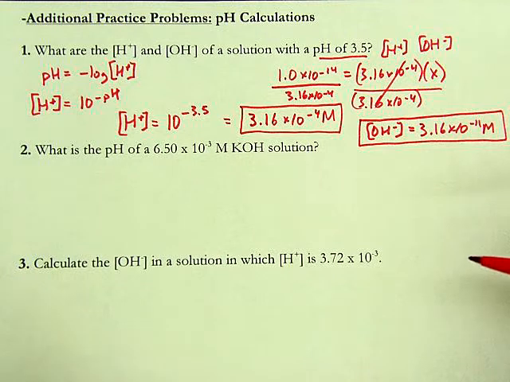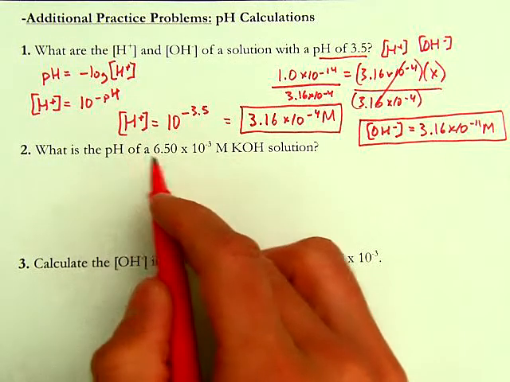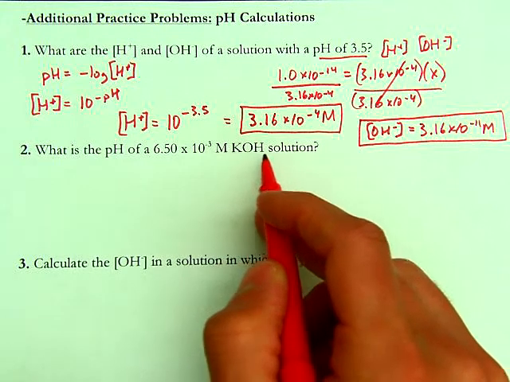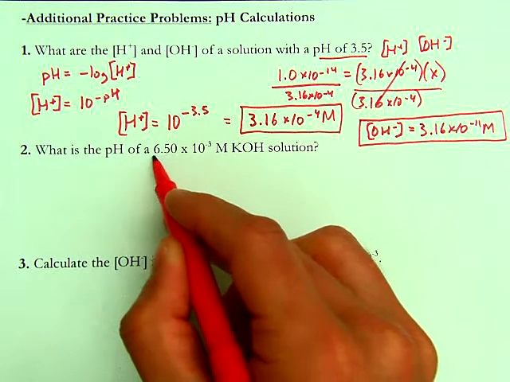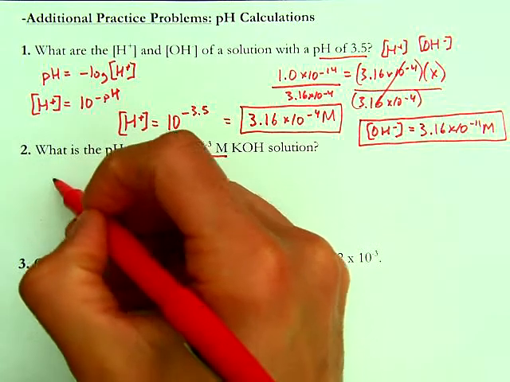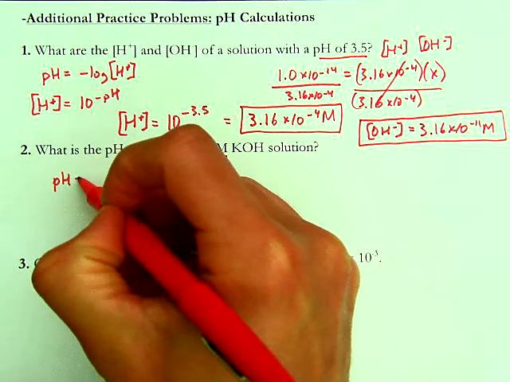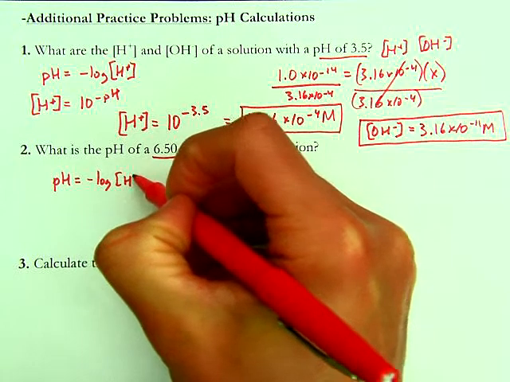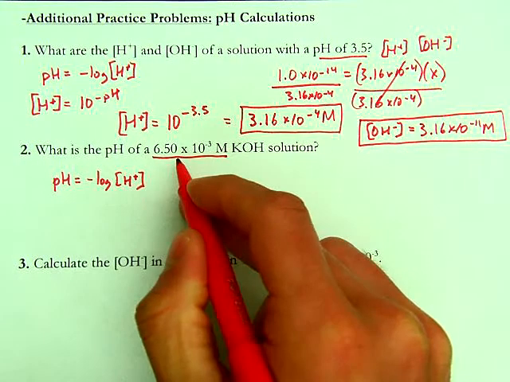So we're just going to keep chugging along here, doing some more. What is the pH of a 6.5 times 10 to the negative 3 molarity KOH solution? So this is your molarity. It's tempting to go, okay, pH is the negative log of the concentration of H, and just plug this number in.